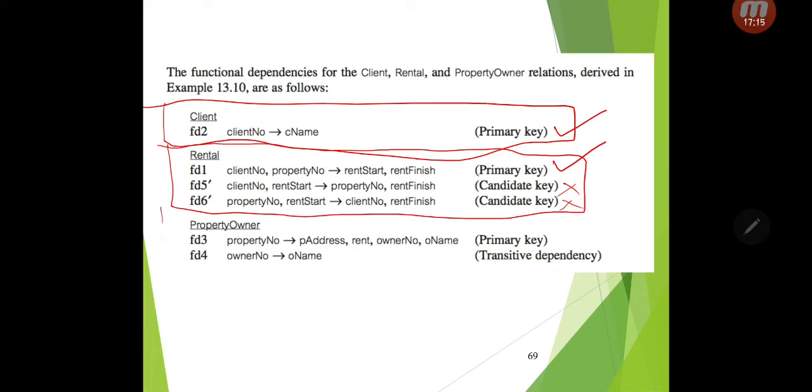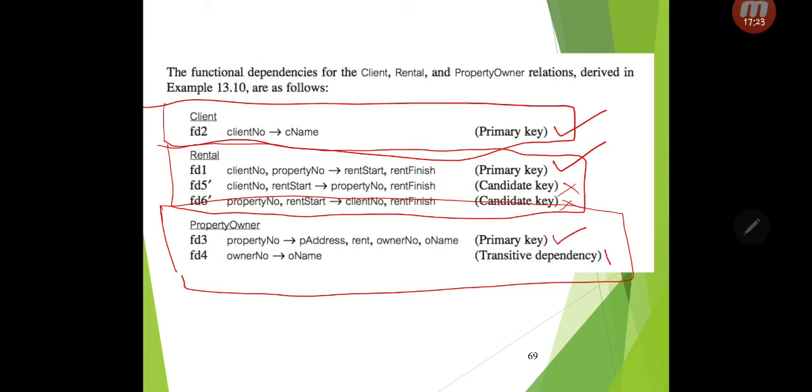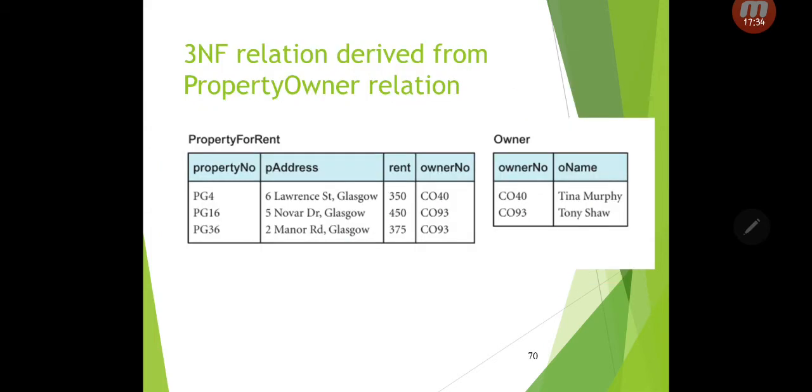From the third table, property owner, we have primary key, and we also have transitive dependency. Owner number determine owner name. So you need to remove that relation from the table property for rent.